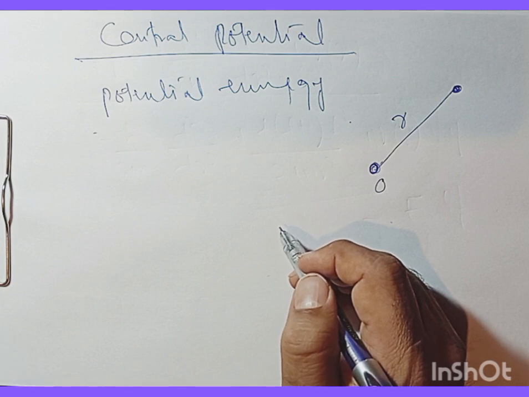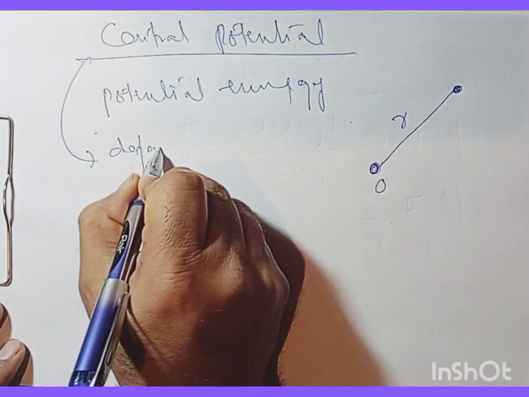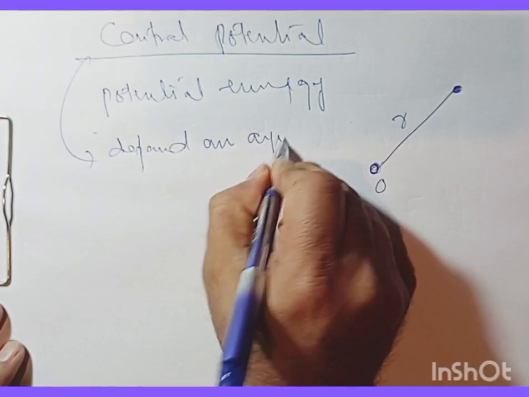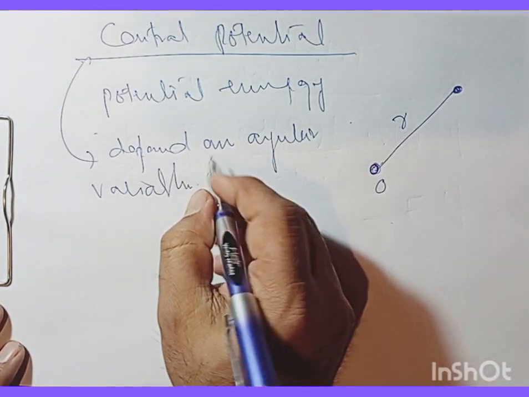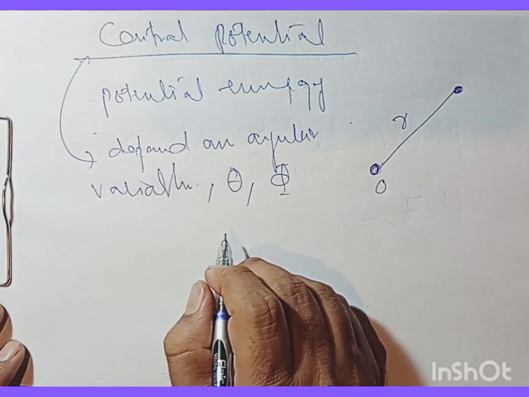A central potential does not depend on the angular variables like theta and phi that we have in spherical polar coordinates.